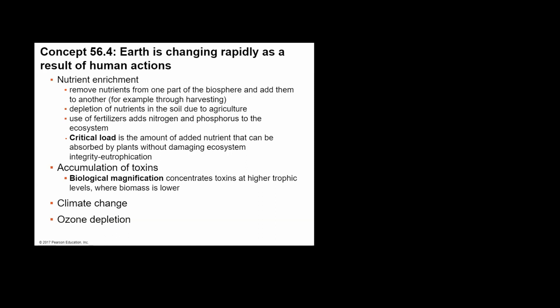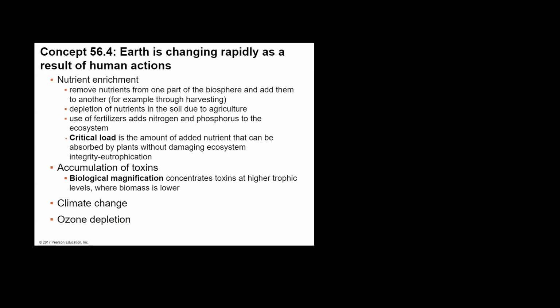So under that category, we have these ideas that nutrients can be removed from one part of the biosphere and added to another, for example, through harvesting. Or we get the depletion of nutrients in the soil due to agriculture. Or we have the enrichment of the soil through the use of fertilizers, like adding nitrogen and phosphorus fertilizers to an ecosystem, and again resulting in things like eutrophication.